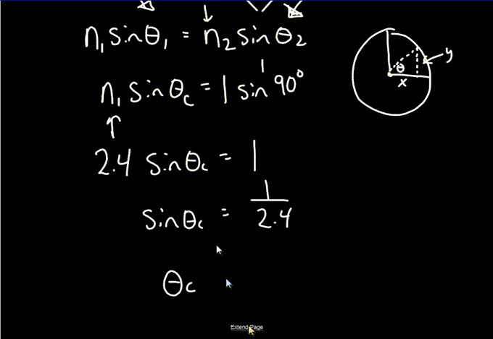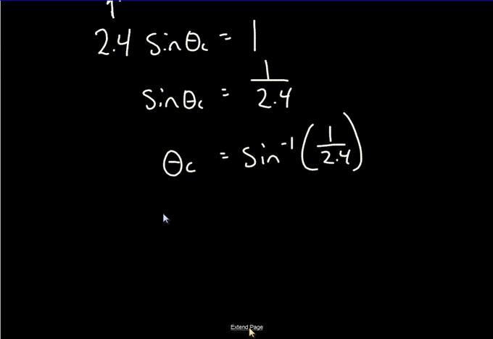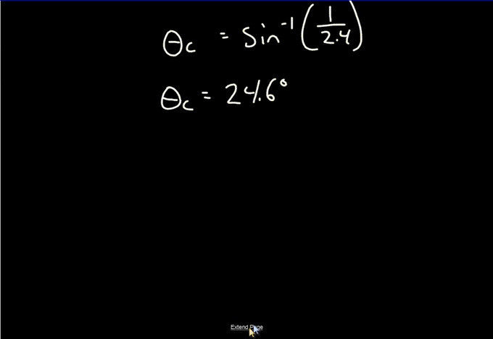And then the critical angle must be equal to the inverse sine of 1 over 2.4. If we solve this, you'll find that the critical angle for a diamond is 24.6 degrees.